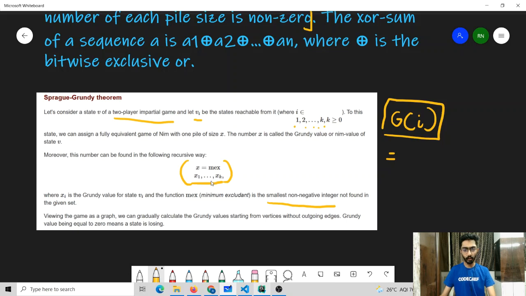In other words, we go to each of the next states, find the Grundy number of that state recursively, and after we get the Grundy number of each state, we take the mex of all of those Grundy numbers in order to find the Grundy number for this state. If the Grundy value is 0, it means that this state is a losing state, and any Grundy value other than 0 is a winning state.